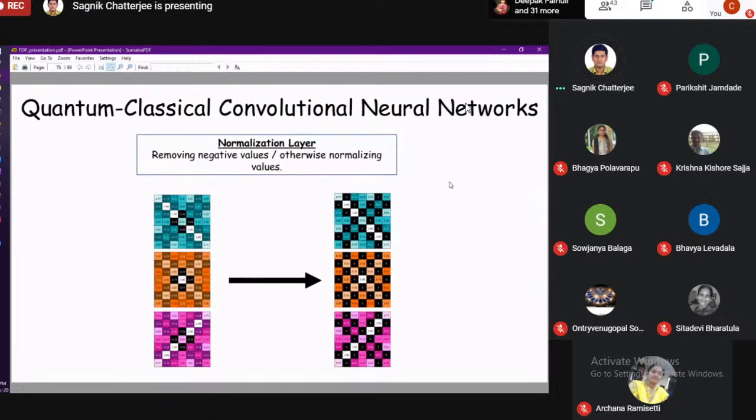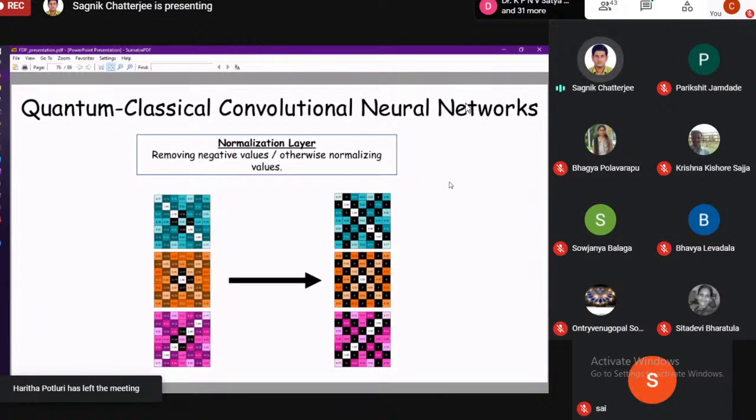Okay, now we come to the normalization layer. It's hard to deal with negative values for any kind of system. So what we do is we remove the negative values, or we normalize the entire range of pixels into a preset range, say from 0 to 1 or from 0.5 to 1 or whatever you like.